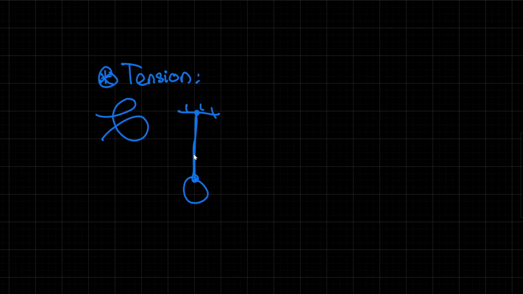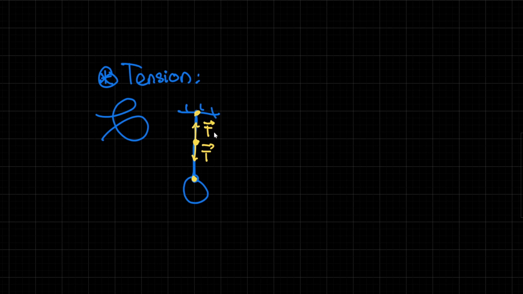And when it's under tension, every point on the string except for these two endpoints would have two forces having the same magnitude but different direction, and they often denote it as T like this.